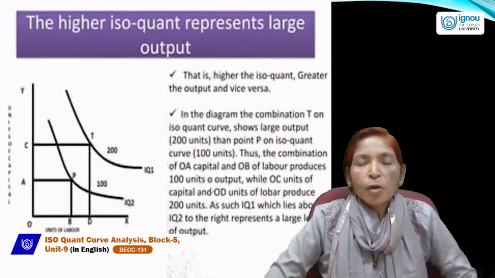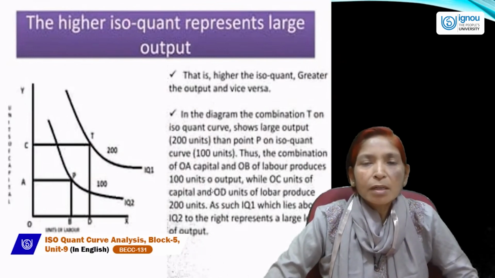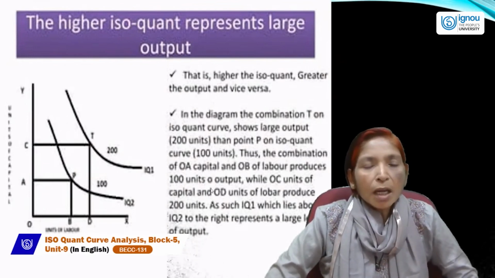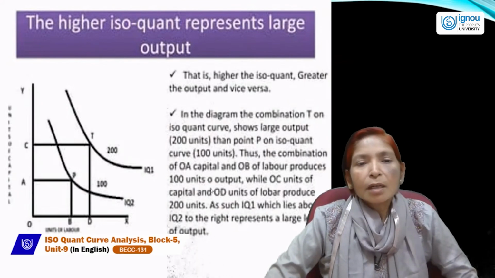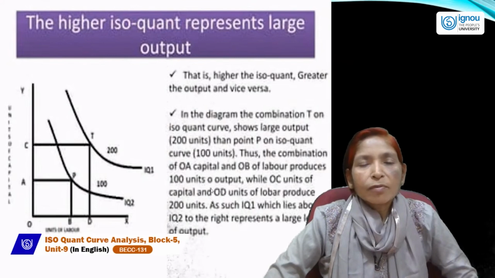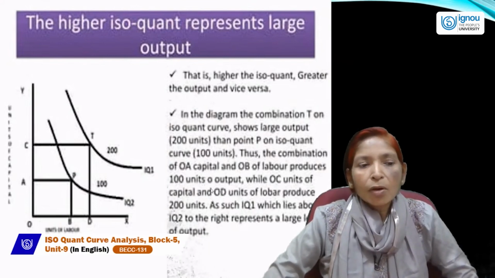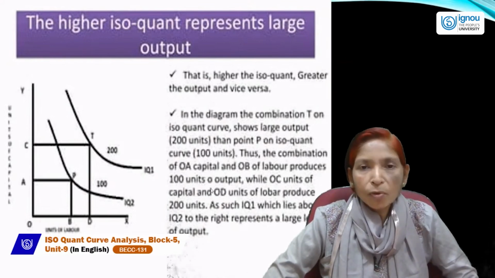Now, the first property is convex to the origin. We have explained that the isoquant curve is always convex to the origin due to the applicability of diminishing marginal rate of technical substitution. Higher isoquant represents larger output. It means that we can draw many isoquant curves on the same graph, like IQ1, IQ2, IQ3, IQ4.